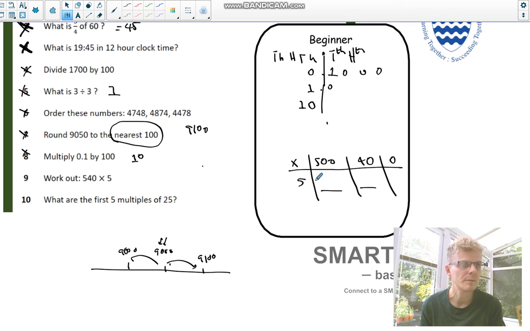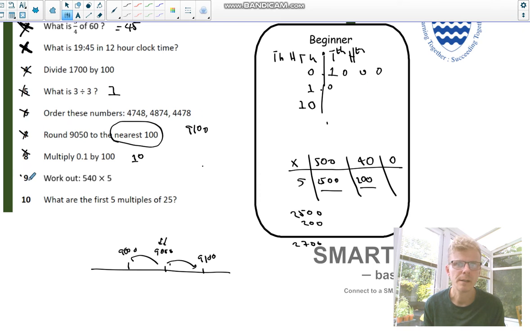So 5 times 5 is 25, but we're in the hundreds, so it would look like 2,500. 5 times 4 is then 20, but we're in the tens, so we've got another 0 there, so now we're at 200. And then if we put those two numbers together by adding them up at the end, 2,500 plus 200, we get 2,700.